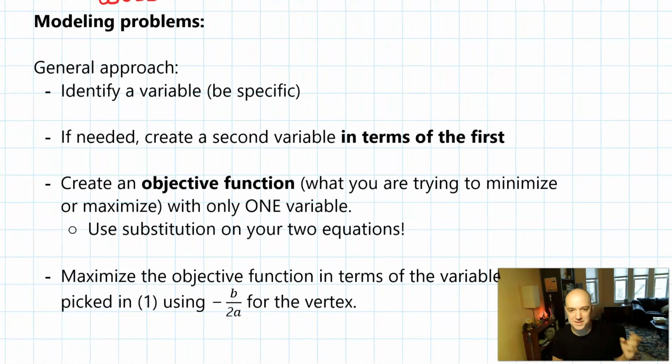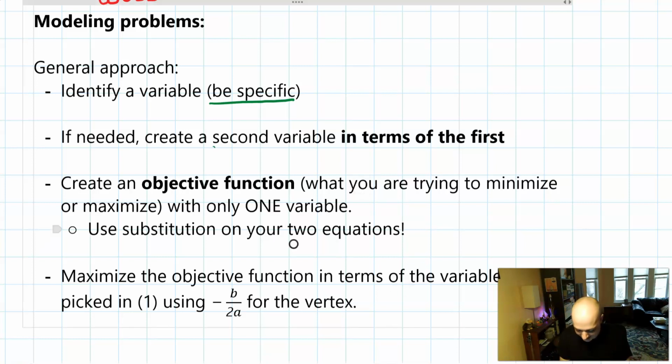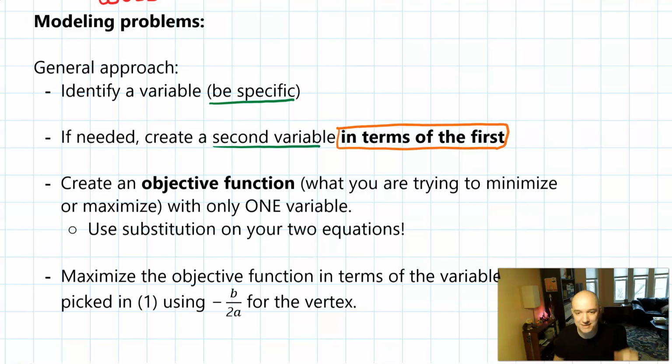Now for these problems in general, here's the approach. One, we're going to identify a variable very specifically. We're going to be really sure what our variable is. Then, often these problems will have a second variable. But when we create that second variable, we want to relate it to the first variable, right? These aren't going to be two separate things. They're going to be things related to each other. Then we're going to end up creating a function that's called an objective function that we want to minimize or maximize.